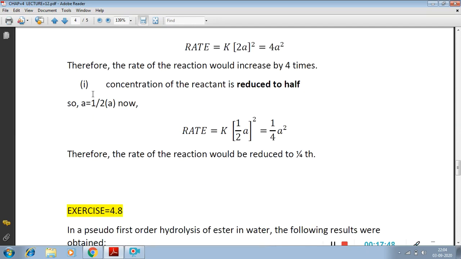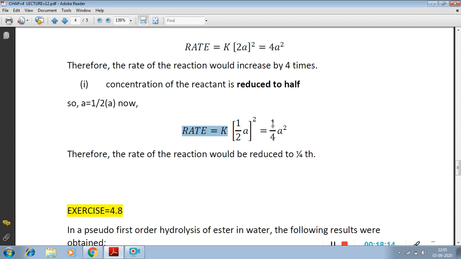Now in the second condition, the concentration of reactant is reduced to half. So instead of A, we can write 1 by 2 into A now. So the new equation will be rate is equal to K into 1 by 2 A whole raised to 2.